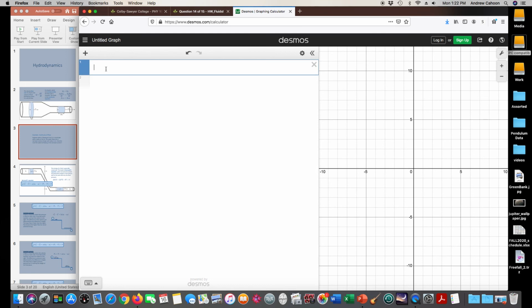Okay, so we have the area of the pipe, which is the area of a circle, pi times 10 squared, multiplied by a speed of 3 meters per second.